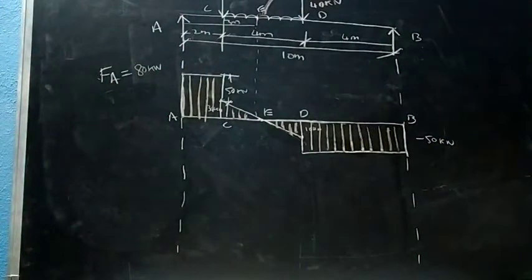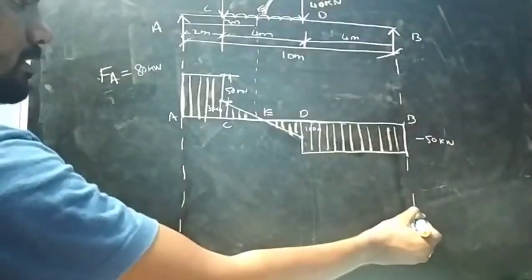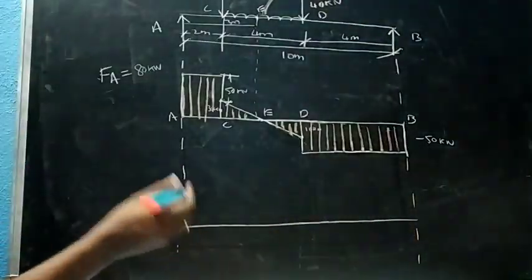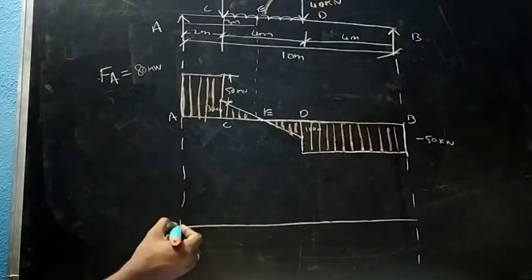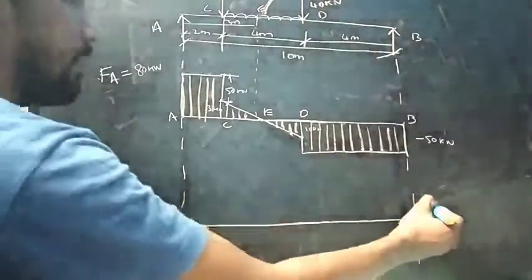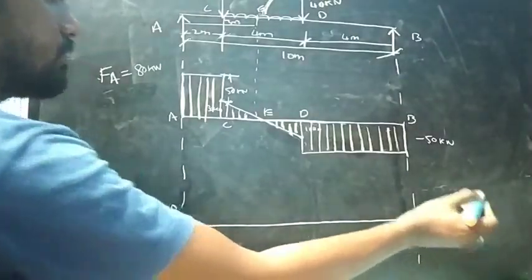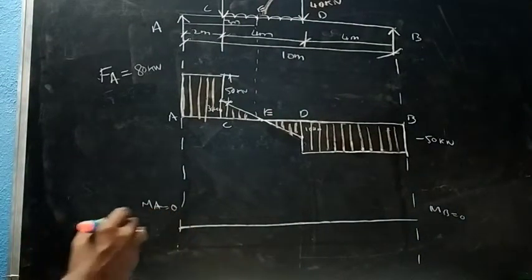So now we will try to draw the bending moment. Okay, so bending moment, draw the reference line. The bending moment at A is 0, bending moment at B is 0. That means it will come back to the baseline, right?